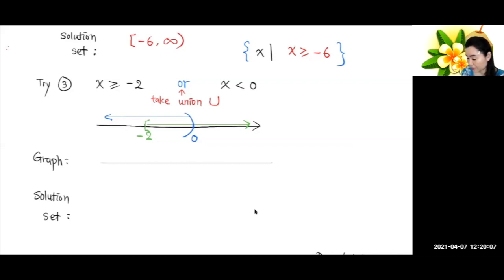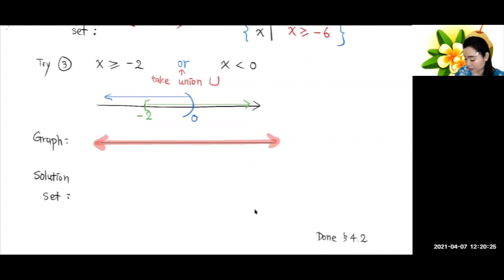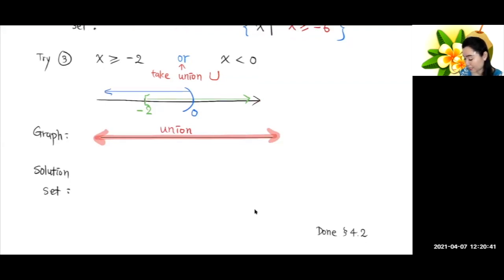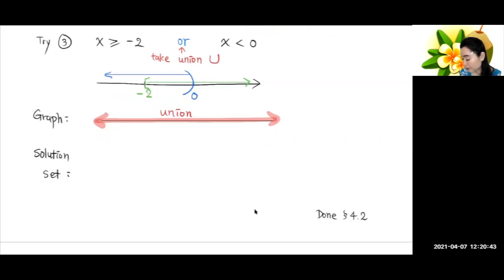Basically, it covers every number on the number line, so it will be everything. The union of this green and the blue right here will be everything on the number line. So the graph will be this whole thing. You will shade every part, so this whole number line will be shaded.